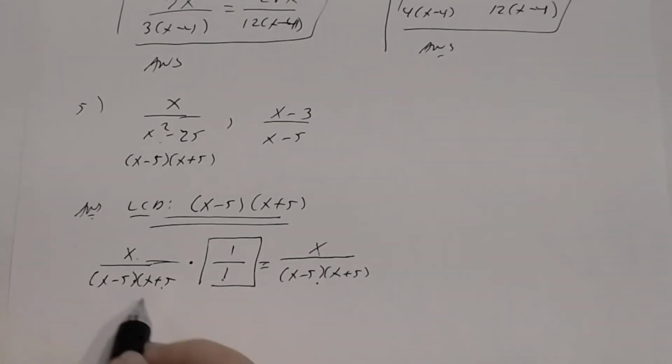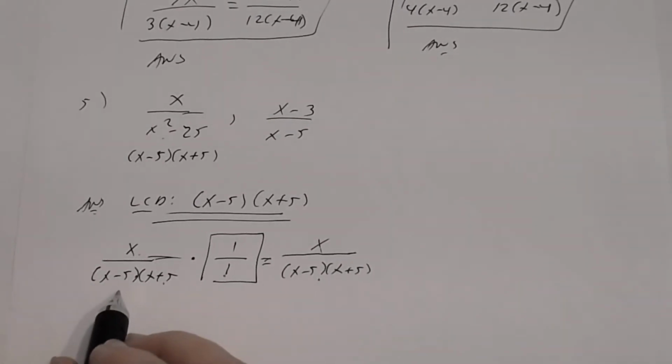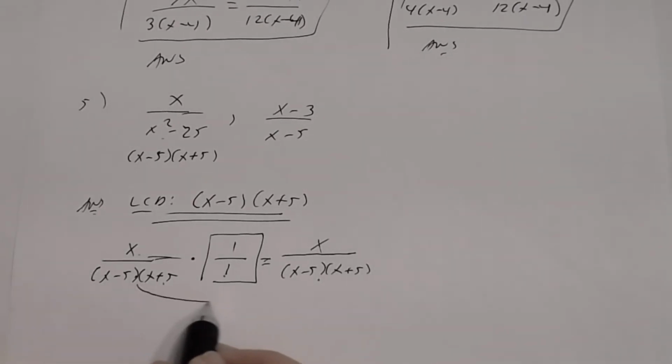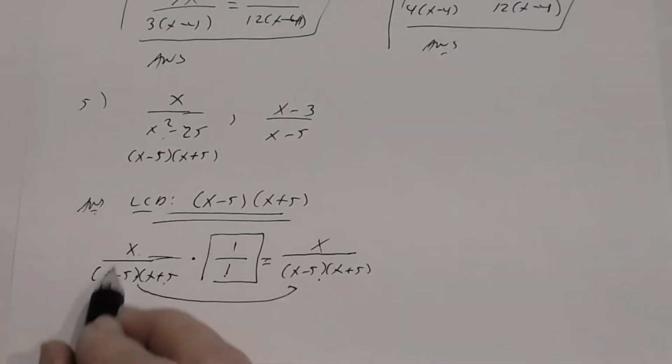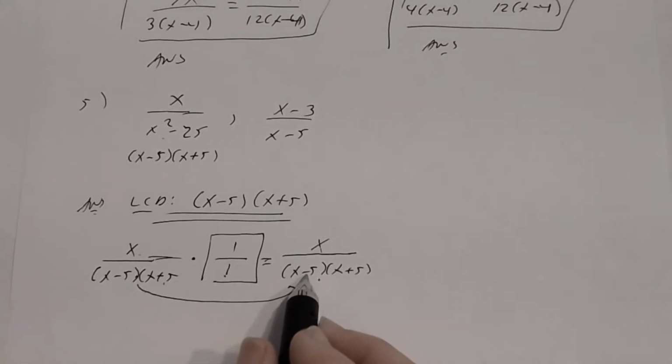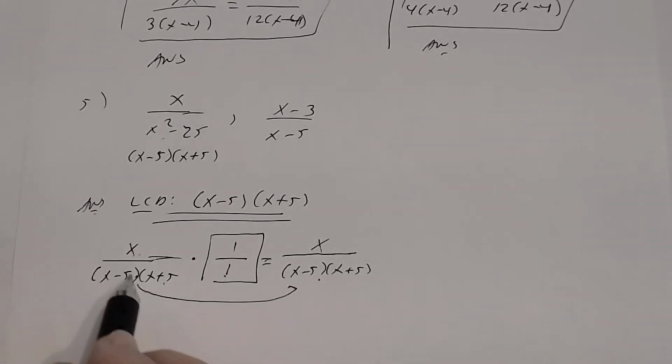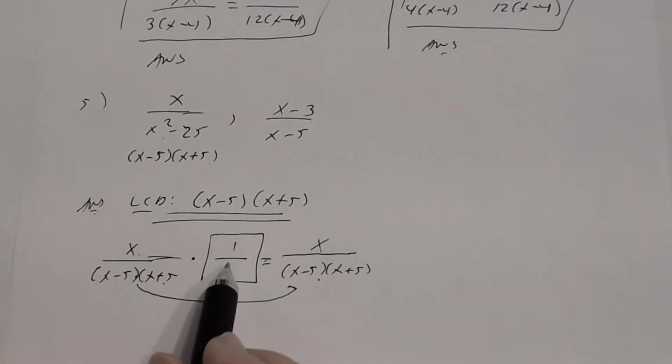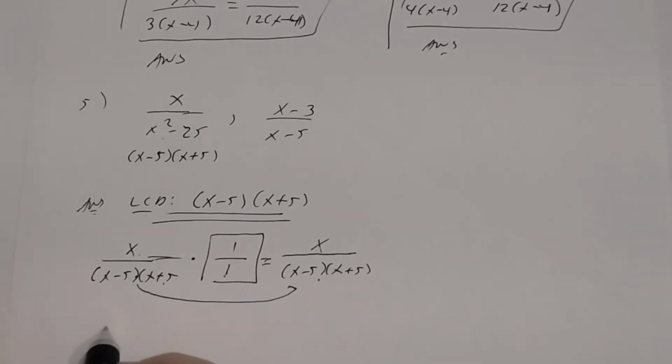So what that tells us is that every rational expression is equivalent to itself, because you can multiply every rational expression by 1 and you get the same thing.